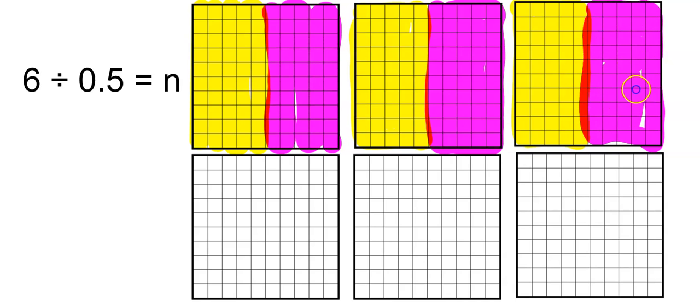So what I'm thinking this could be, things that I am dividing in half. Could have 6 of something.